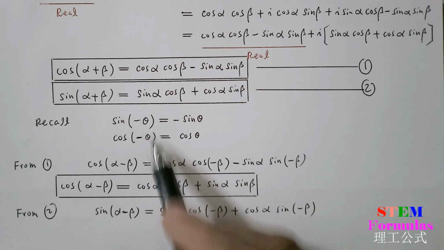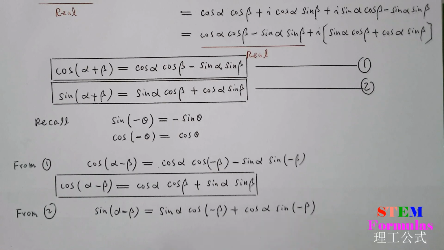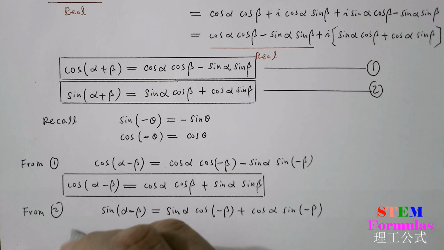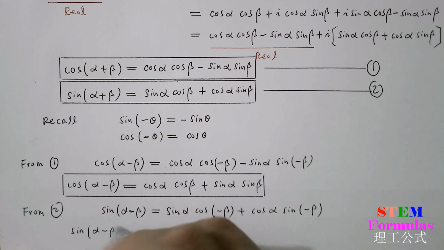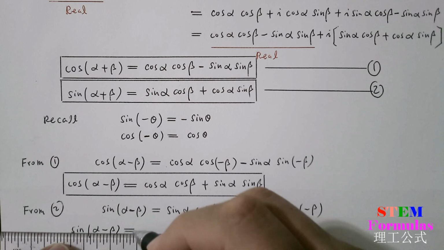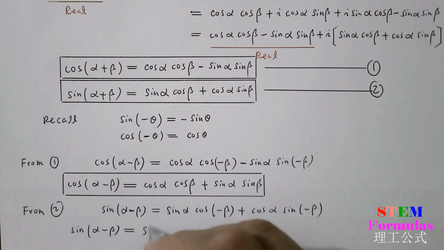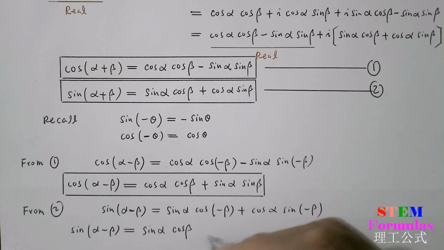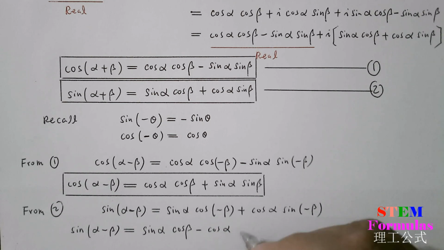Again, I use the property of sine and cosine, so I get sine (alpha minus beta) equal to sine alpha cosine beta minus cosine alpha sine beta.